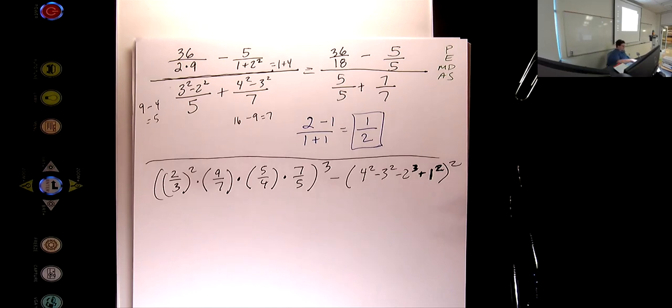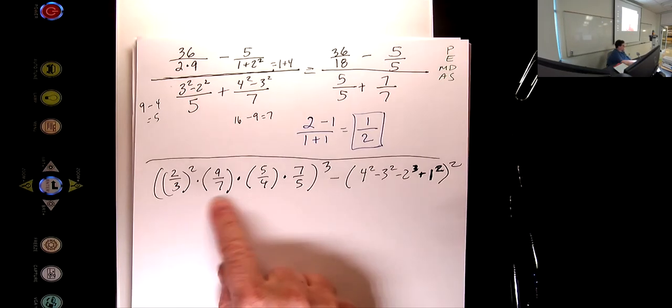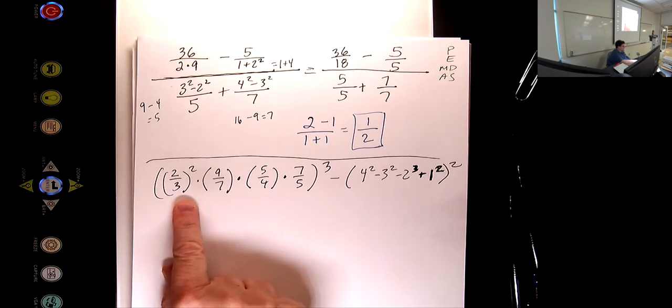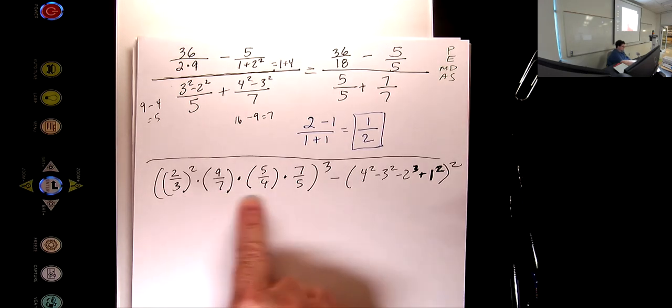That's an excellent question. Are these parentheses doing anything? This one is because there's a square. But these parentheses are just for show.